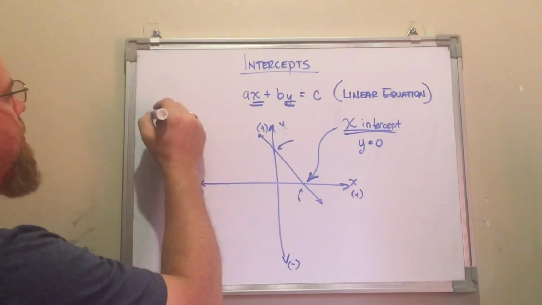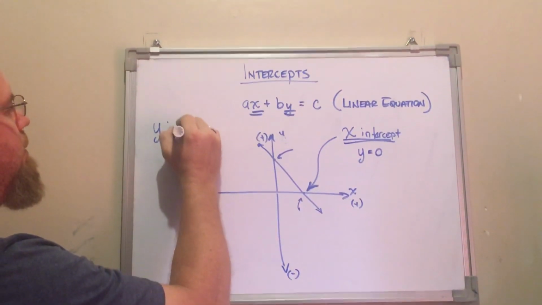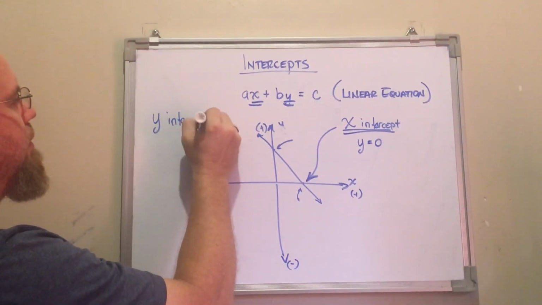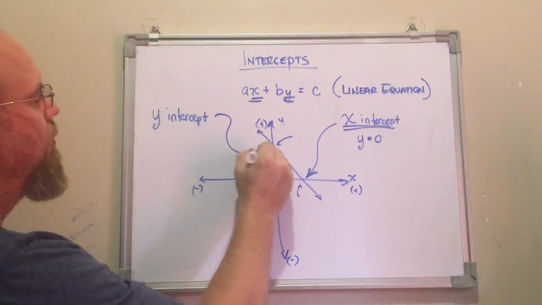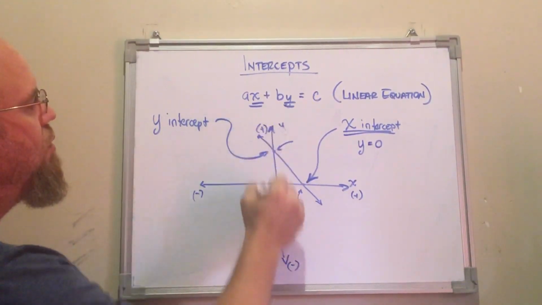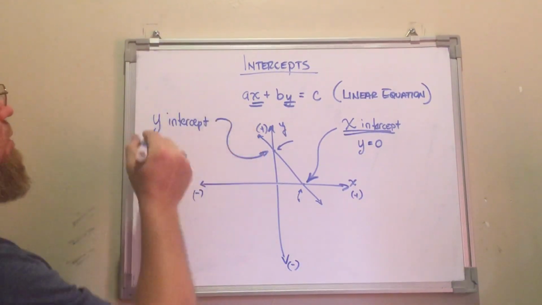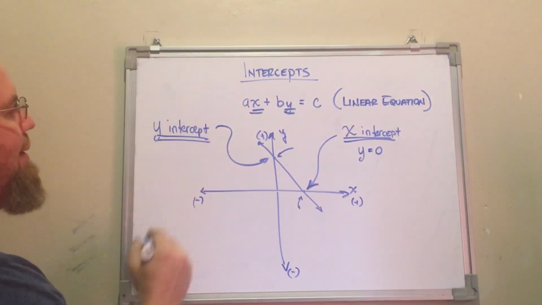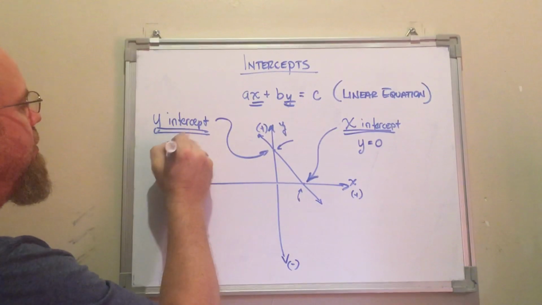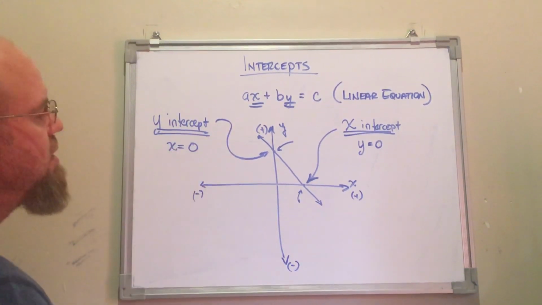The y-intercept is where the line crosses the y-axis, and at the y-intercept, the x value is going to equal 0.